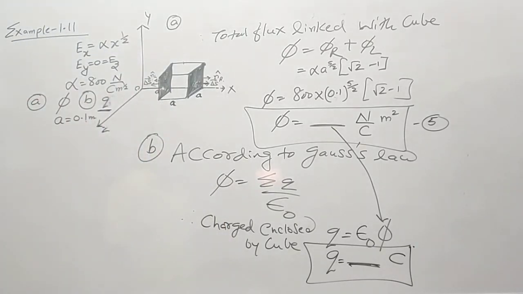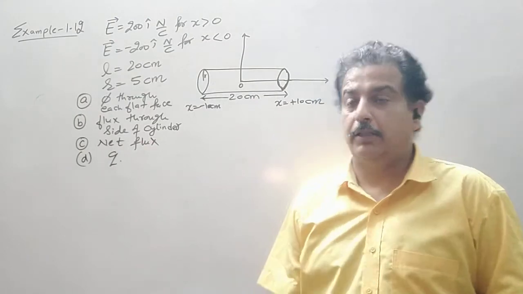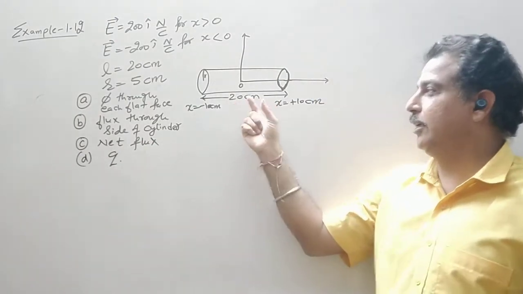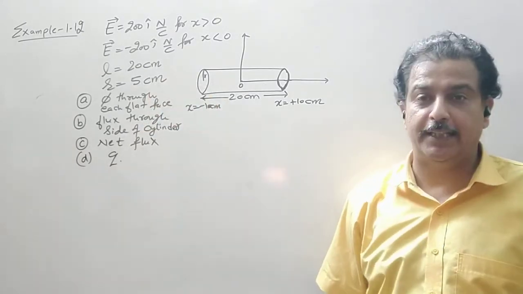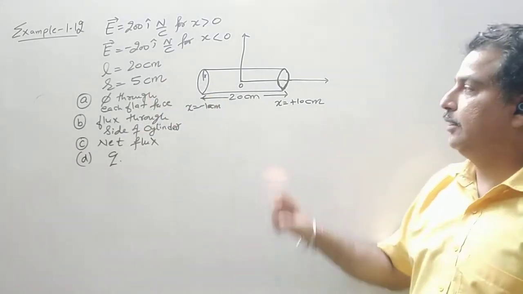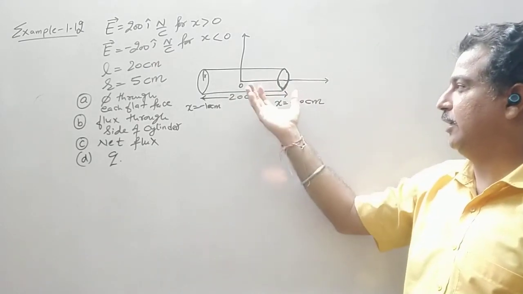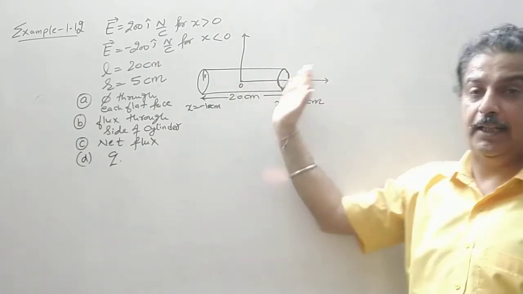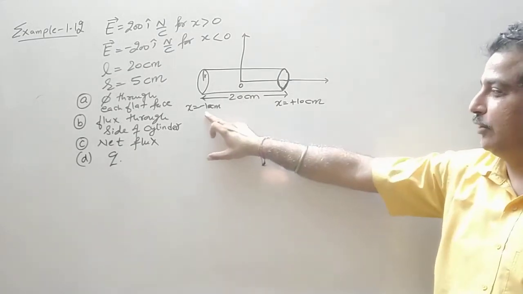Now we move on to the next example. Now in example number 12, we have a cylinder of length 20 centimeter and the radius 5 centimeter, and the cylinder is placed in such a way that half of the cylinder is along the x-axis and other half is along the negative x-axis. That is, the x coordinate is given.